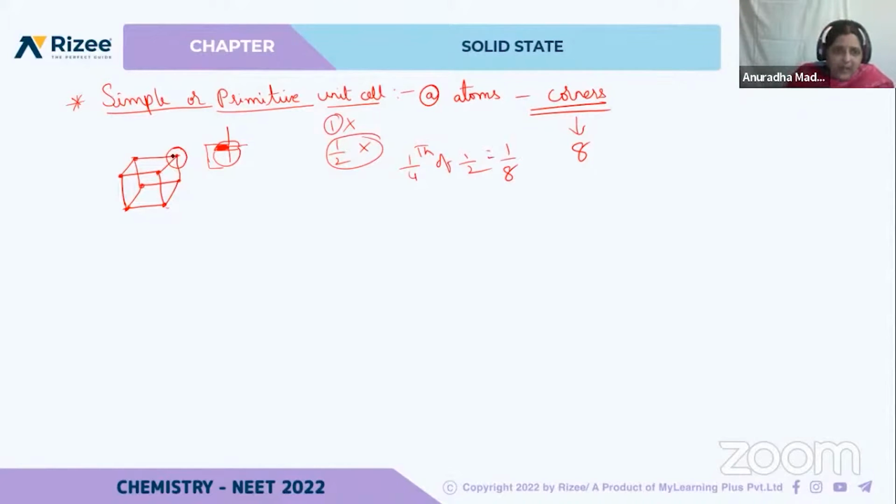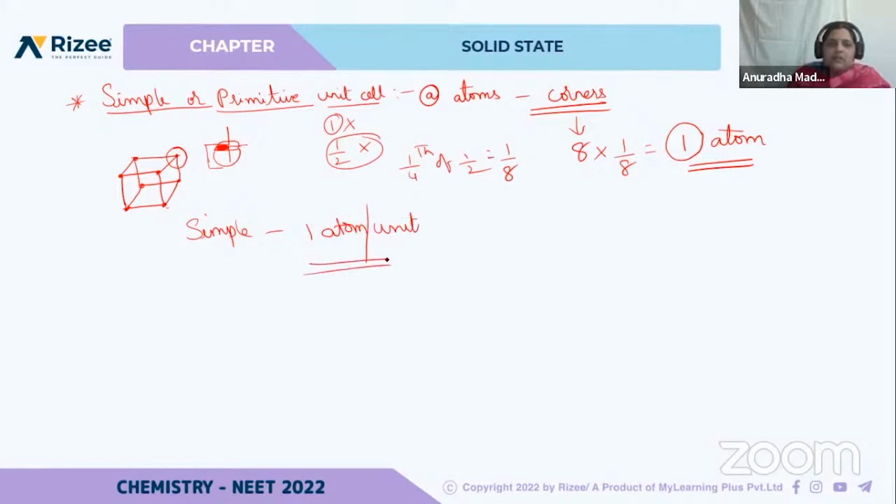So if we consider 1/8 here, 1/8, and so on for all 8 corners, 8 into 1/8 is 1 atom. So a simple or primitive unit cell has 1 atom per unit cell.